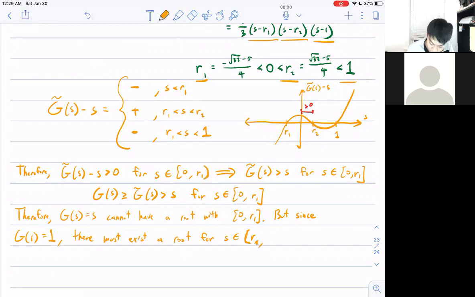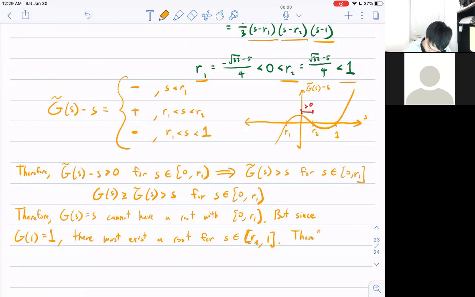We have to make these open intervals because it actually equals 0 at that exact value, right?